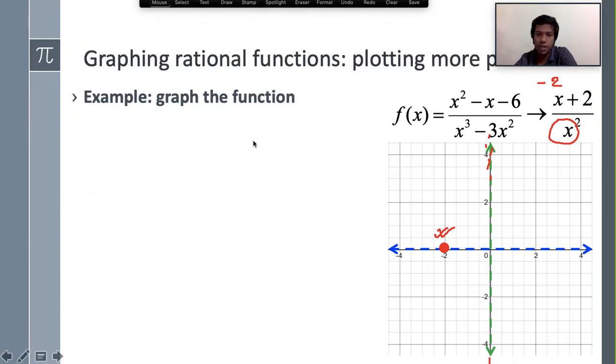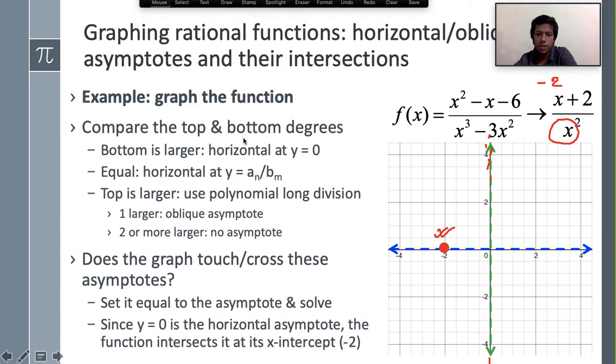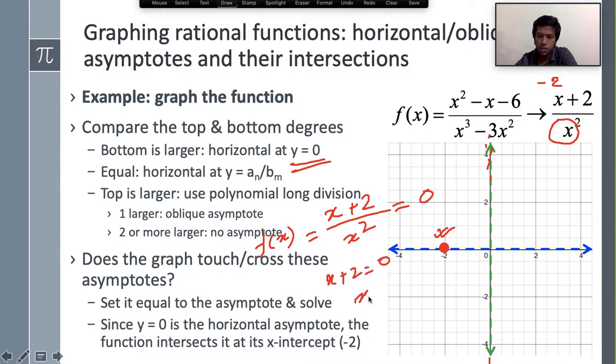We can just write y equals 0 here and try to find out if it is touching or crossing anywhere, and it does. If we write f(x) equals x plus 2 divided by x squared, and our asymptote is y equals 0, then we equate them: x plus 2 equals 0, then x equals minus 2.